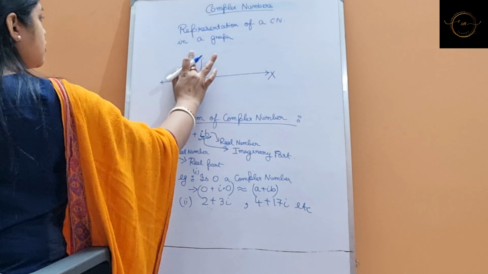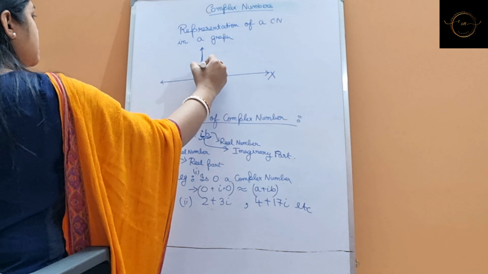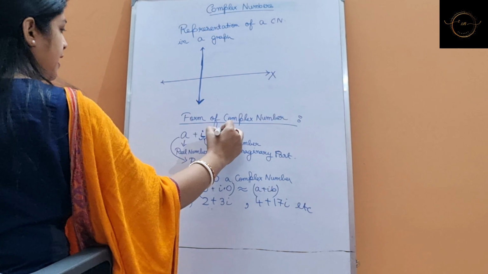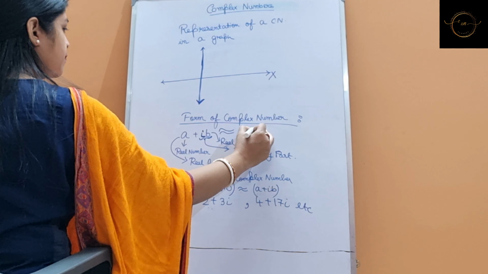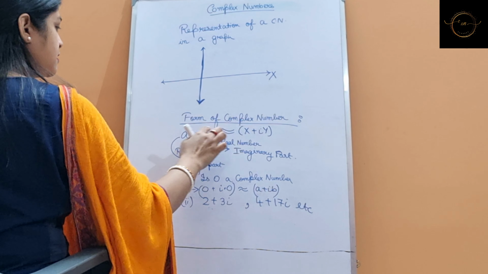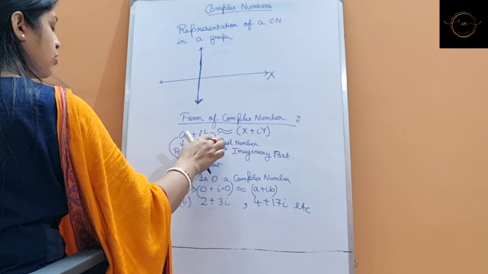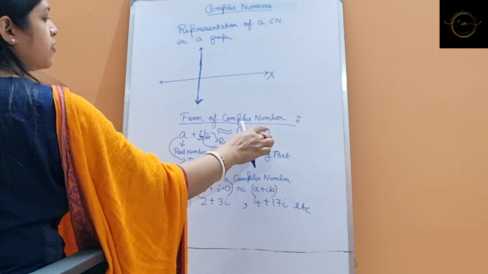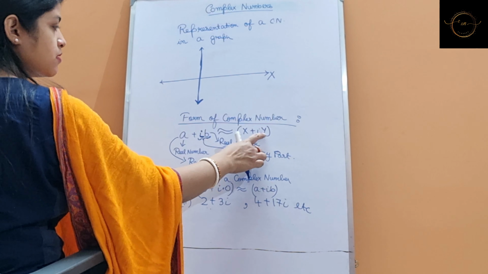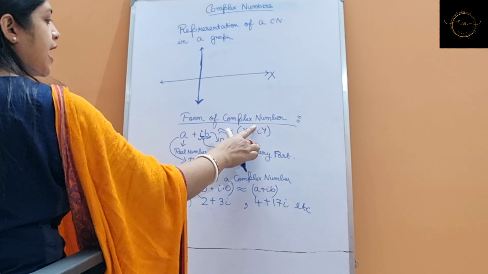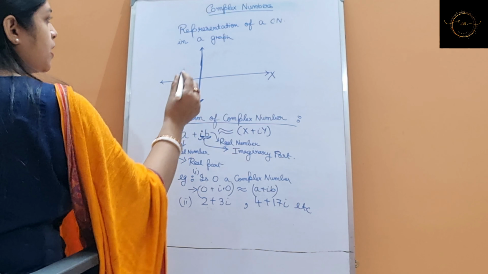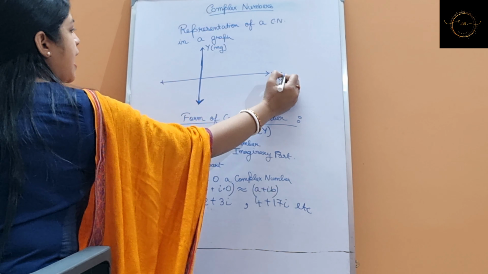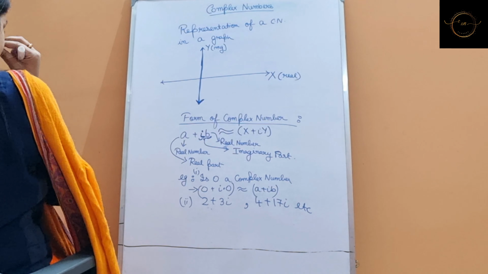Remember one thing, in case of complex numbers, the x-axis is actually the real part, the real axis. Because if you write a + ib in the form x + iy, what is x? x is real, y is also real, but iy is the imaginary part. So whatever numbers are written in place of y, that is termed the imaginary part. So y part is the imaginary part and x part is the real part.